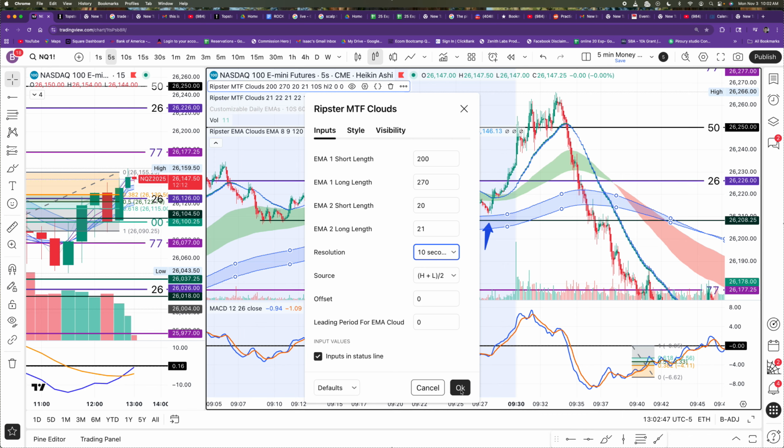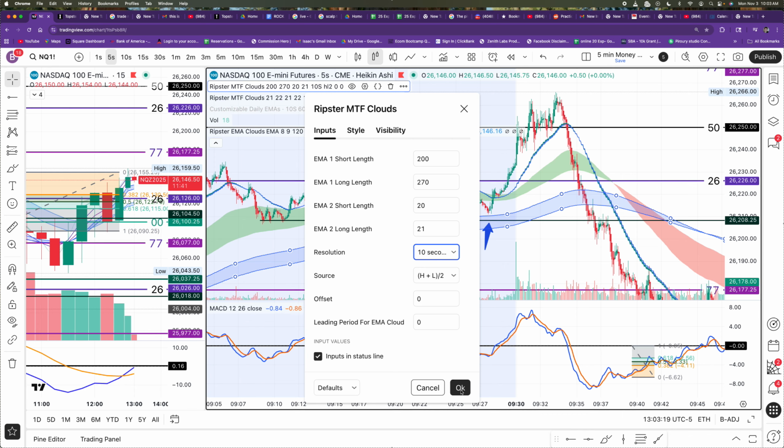This is a 7 to 9 period cloud based on a 5-minute time chart. But because I operate on 5-second candles, if I didn't make this resolution faster and I just put a 5-minute cloud on, I would only get an update every 5 minutes, and that wouldn't be good enough for me because I need to see what's going on almost tick by tick, and I want to know where that line is in the moment.